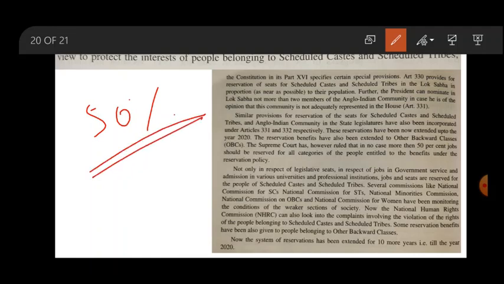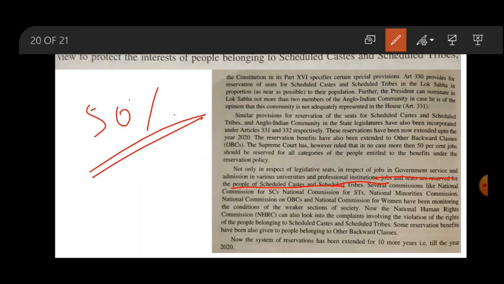This applies not only to legislative seats, but also to jobs in government service and admission to various universities and professional institutions. Jobs and seats are reserved for the people of Scheduled Castes and Scheduled Tribes.